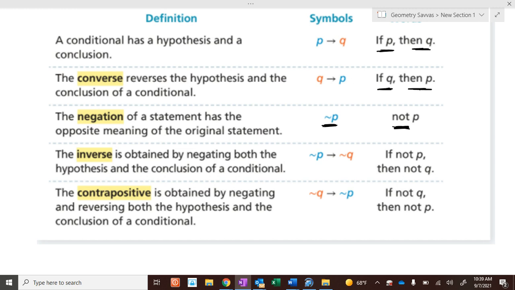The inverse is when you do the nots for both the hypothesis and the conclusion in that order. So if not the hypothesis, then not the conclusion.